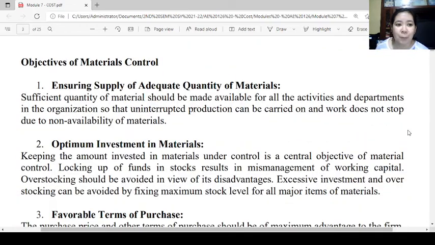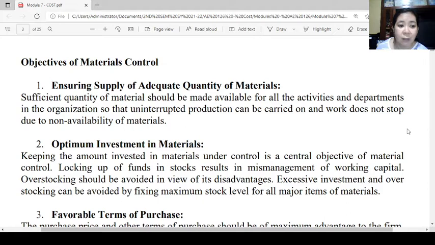In addition, the objectives of materials control is to ensure the supply of adequate quantity of materials. This is of course to avoid stock out, to avoid delay, and also to avoid loss on the part of the entity for their sales to their customers.